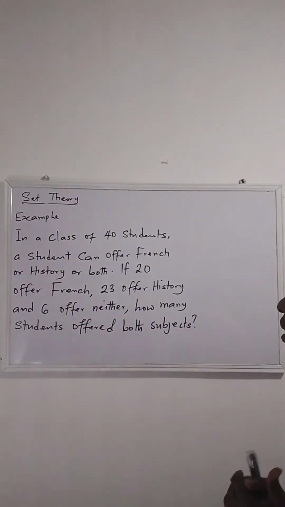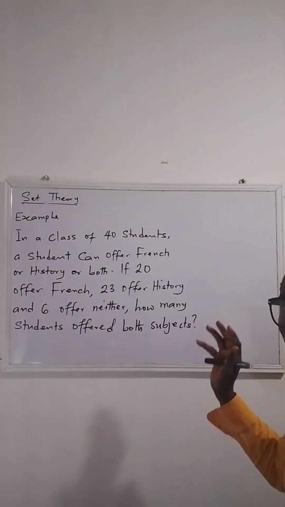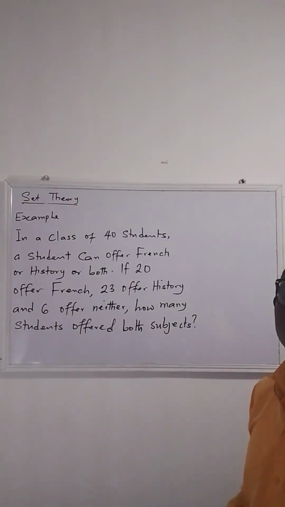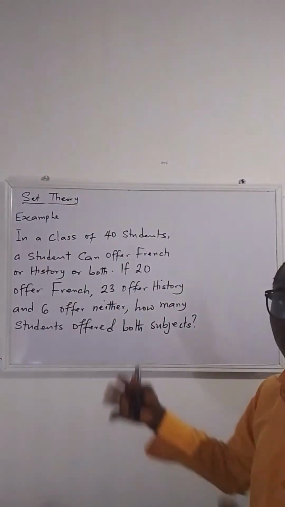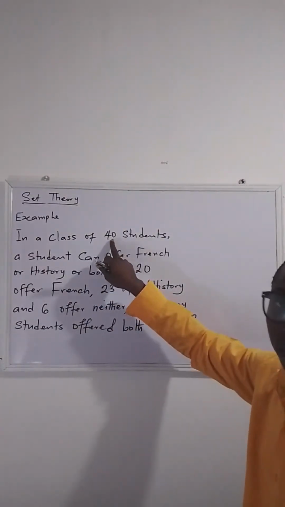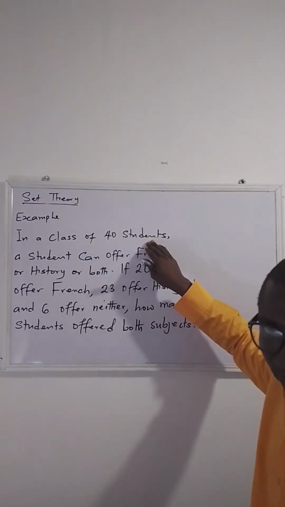So they are talking about a class of 40 students. Now, the meaning of that is the number of elements in the universal set, when you count all the elements in the universal set, is what? 40. In a class of 40 students.